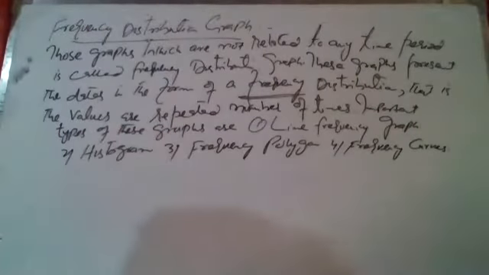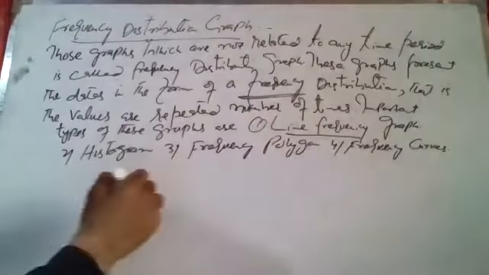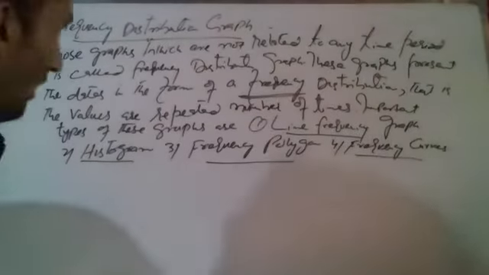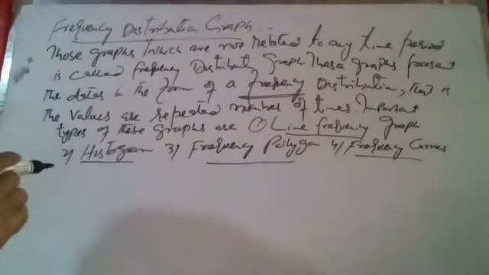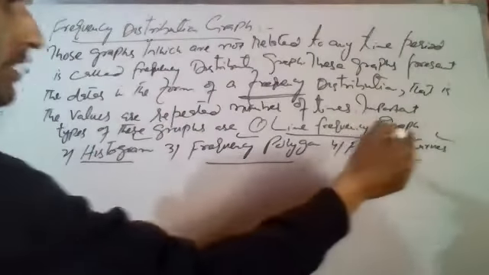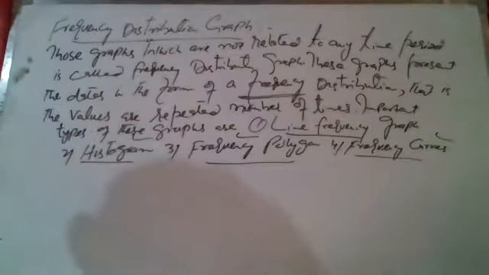So the different types of frequency distribution graphs are line frequency graph, histogram, frequency polygon, and frequency curves. For our syllabus, we have histogram, frequency polygon, and frequency curves. Line frequency graph is not in our syllabus. Even then we will study it. हम ये पढ़ेंगे, कभी कभी जरूरत आता है, फिर भी हम नहीं छोड़ेंगे इसको भी.